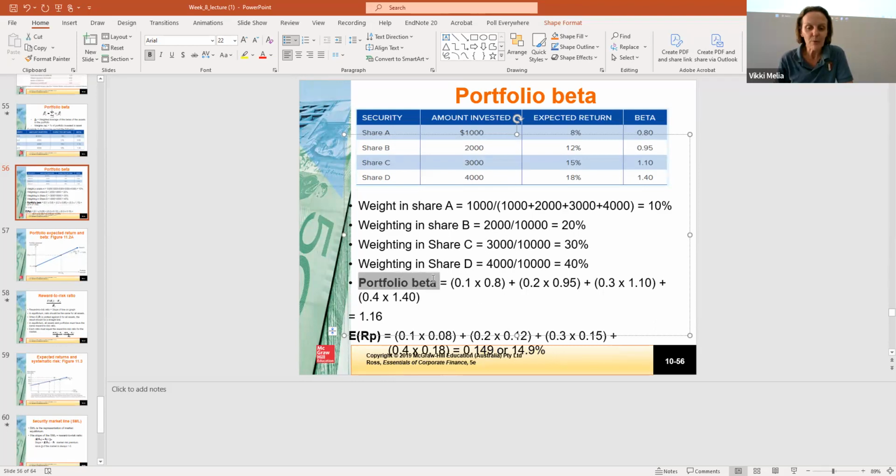So to calculate the portfolio beta, we have 10% of our money invested in share A, and the beta of A is 0.8.